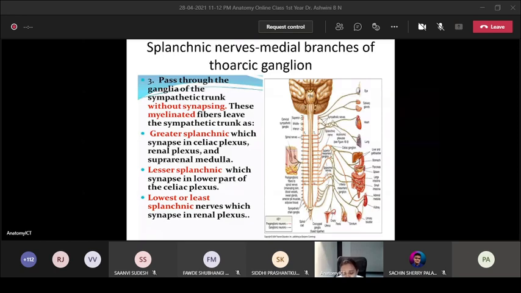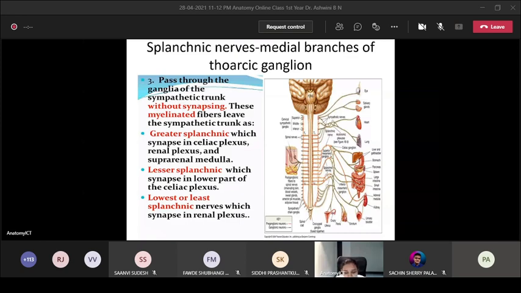So this is about the nerves of the thorax relating to the phrenic nerve. We will also get the vagus nerve, but we are going to study that in detail along with the cranial nerves in the CNS.